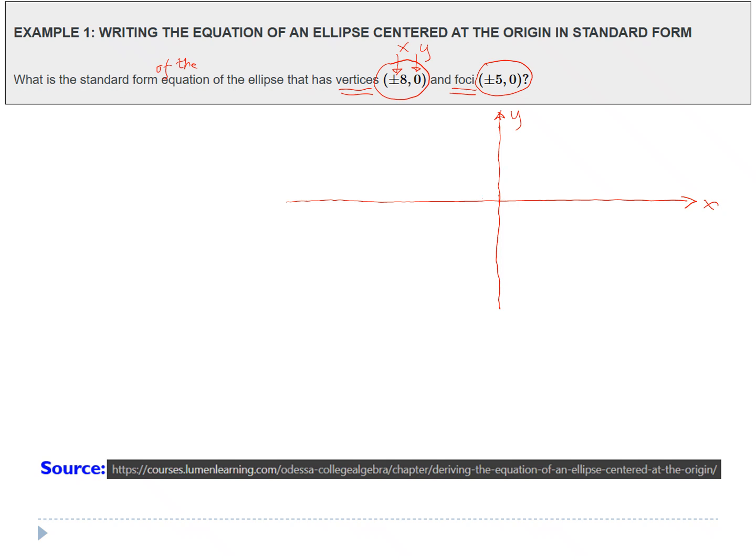So we have positive and negative 8. Counting 1, 2, 3, 4, 5, 6, 7, 8, so negative 8 going to the left from the center. Then going to the right, 1, 2, 3, 4, 5, 6, 7, 8, so positive 8. These are the vertices according to the problem.